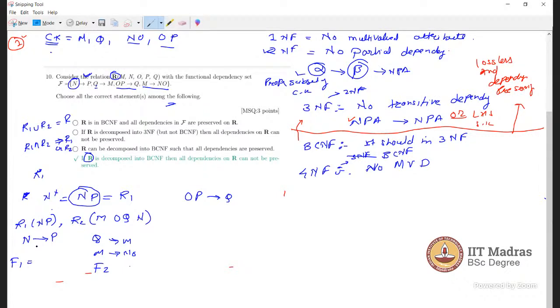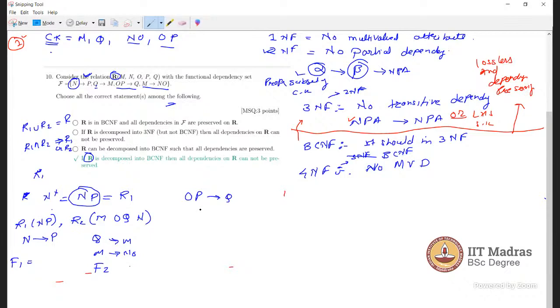Basically, a relation should satisfy the functional dependencies within one relation itself. It should not be a union of two relations. The functional dependency should be solvable within a single relation of the decomposition. You should not combine two relations to satisfy the functional dependency.